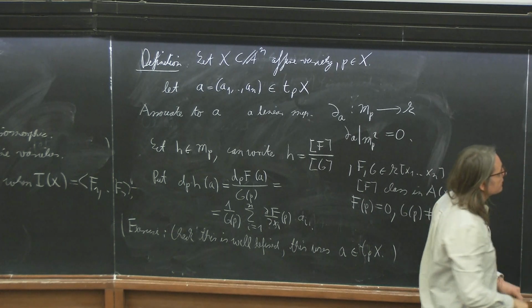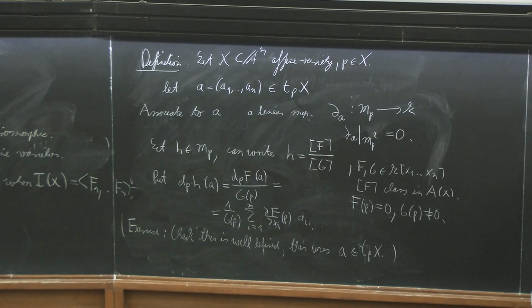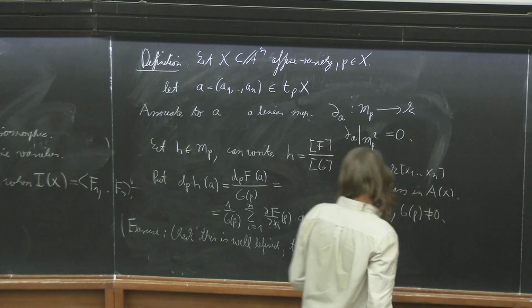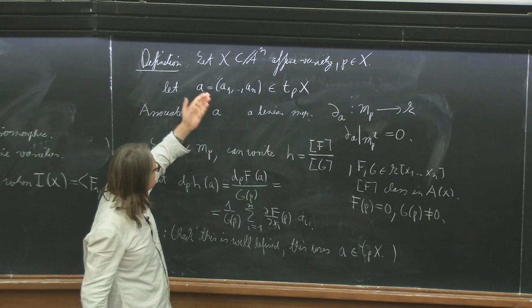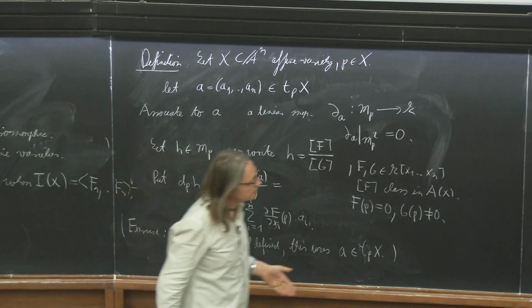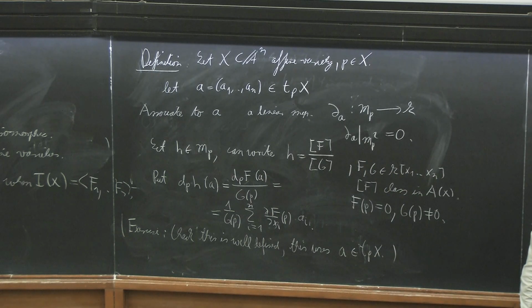You can see it's really just taking the derivative in this direction. So in the usual analysis sense, the tangent vector corresponds to taking the derivative along the tangent vector.